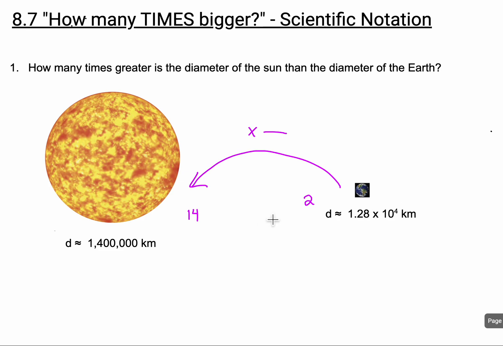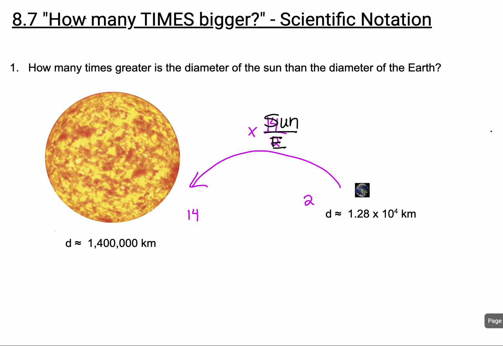We probably already know it's 7, but it's not so much getting that answer, but how did you get it? Well, remember we have to use our fractions, so we put our 14 on top, divided by 2, to get that 7, that times 7 bigger. So that tells me that the 14 was on the sun side, so I'm going to put the sun number on top over the earth number.